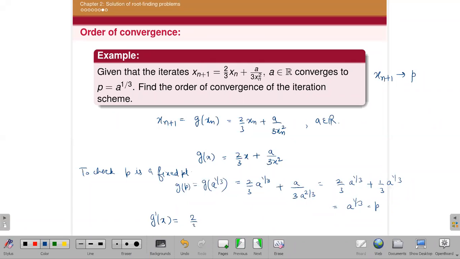It is 2 by 3 minus 2a by 3x cube. Now put g dash at P. Is it 0?